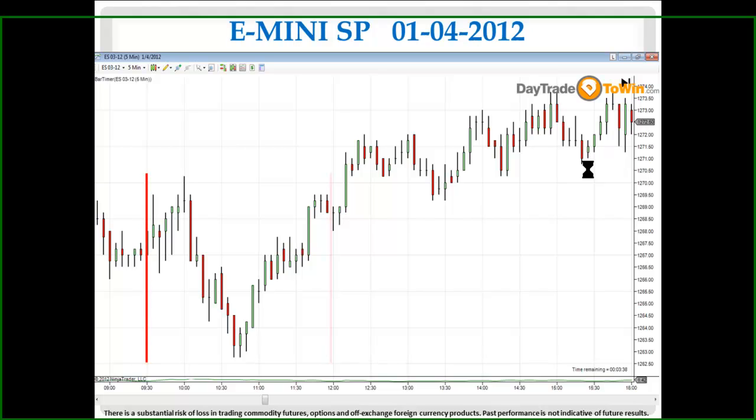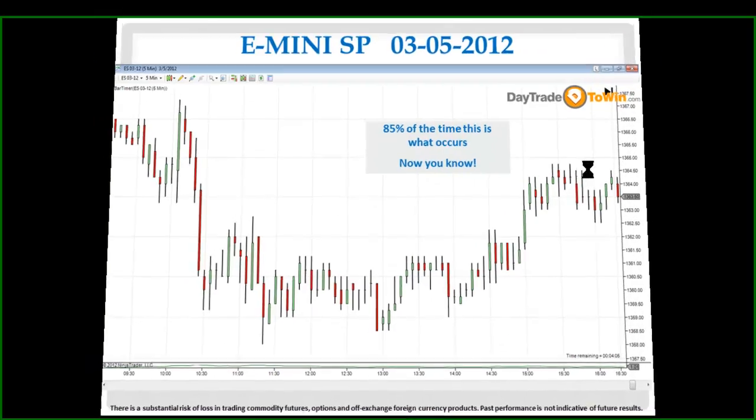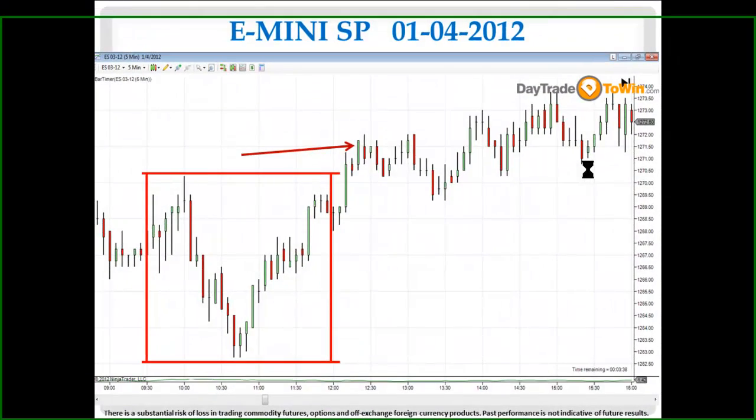Same thing happened. This is the A part of the day. We have 2 consecutive closings outside of the A part of the day. What happened? Market went up. Okay? So it tells me that a trend has now been established based on price.